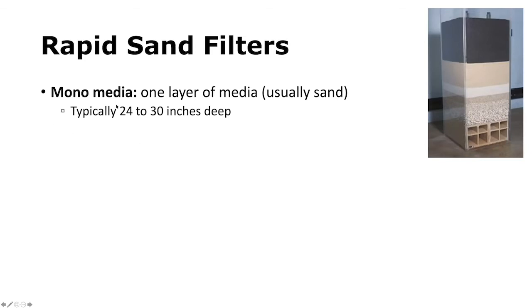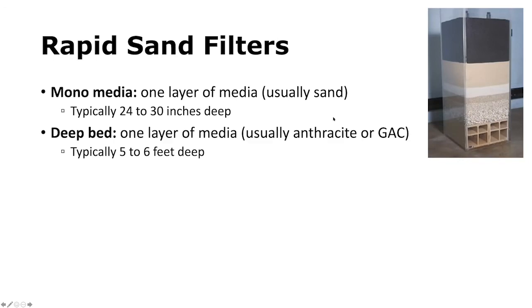So a monomedia filter would be the type of filter that uses one layer of media, which is usually sand, and that layer is typically 24 to 30 inches deep. A deep bed filter would include one layer of media, however, would typically be anthracite or granular activated carbon. These types of filters would have to be deeper, typically 5 to 6 feet deep.